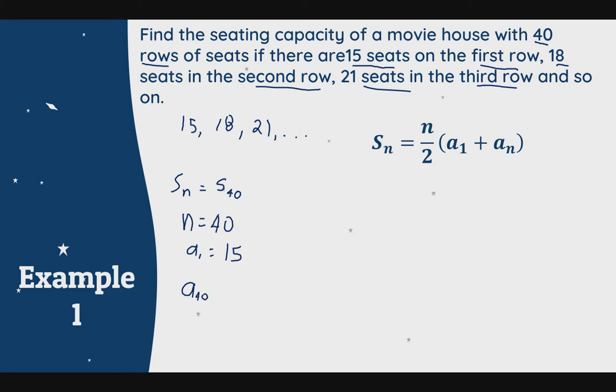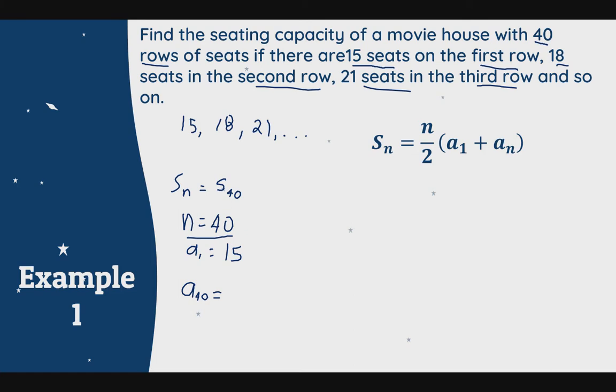How about our A sub 40? Since we are looking for the sum of 40 rows, and our n is 40, the last term, or the number of seats on the last row, is denoted by A sub 40. Is it given?